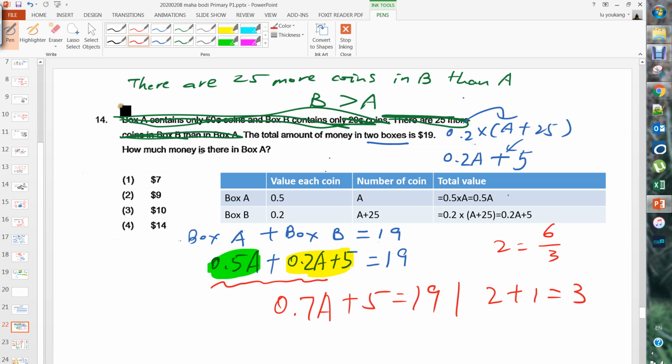So here, you do what? Matching. 0.7a is what? 2. Okay, very good. So that means 2 is equal to what?